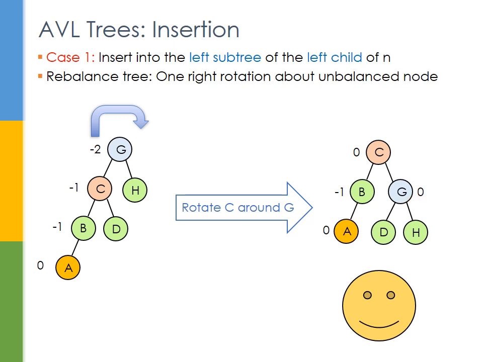If we then finally look at node A, we see that its balance factor remains 0 because it is still a leaf node, and therefore there is no difference between the right and left subtrees.